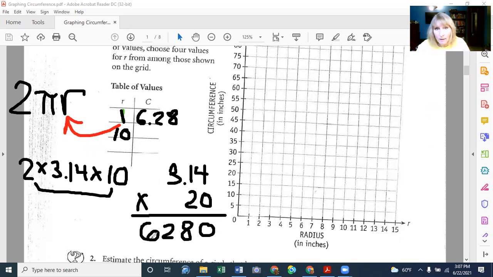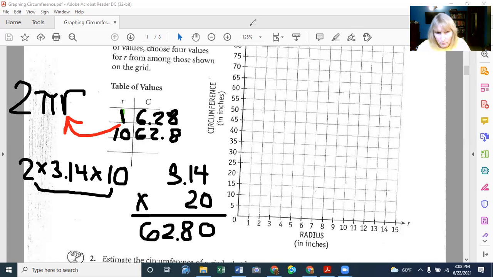We have two numbers after the decimal in our factors, and you have to have two numbers in your answer, or your product. So 62.80. I'm just going to put 62.8, and we can drop the 0 on the end because 62.8 is the same as 62.80.